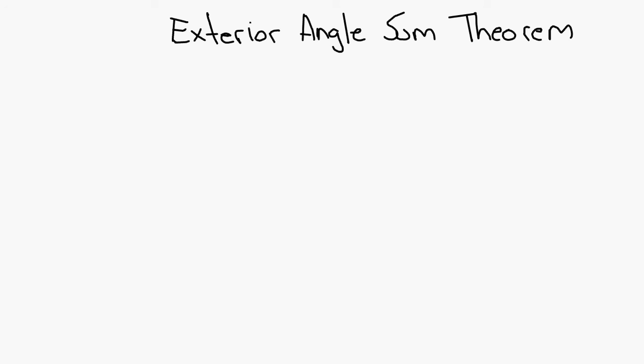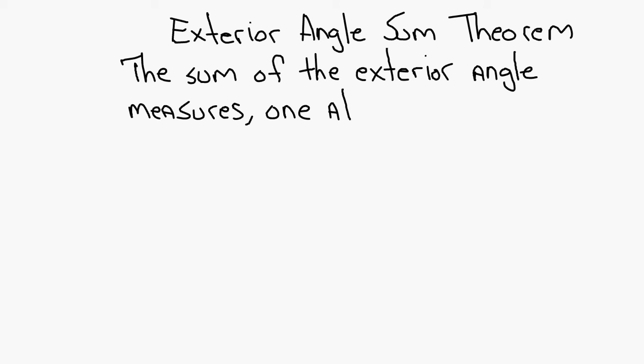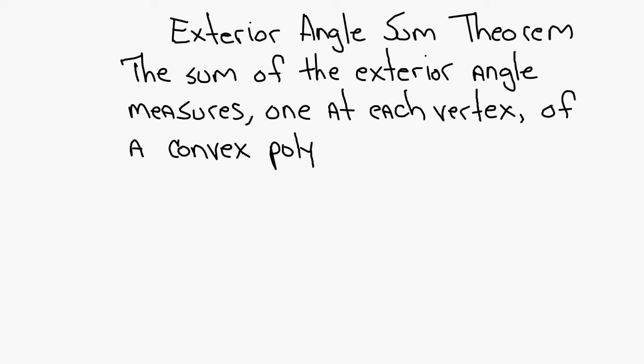This is talking about exterior angles, and it says that the sum of the exterior angle measures, one at each vertex of a convex polygon, is 360.